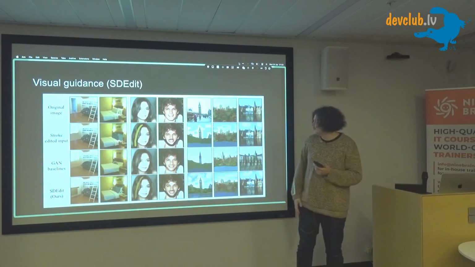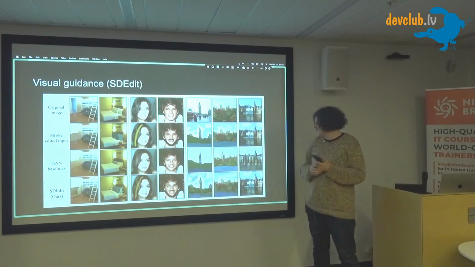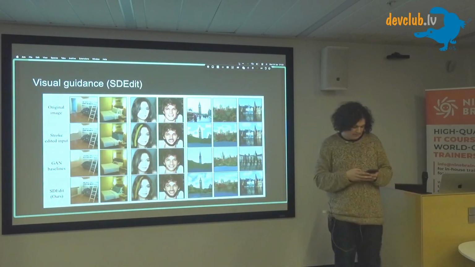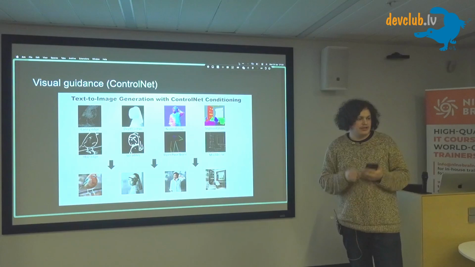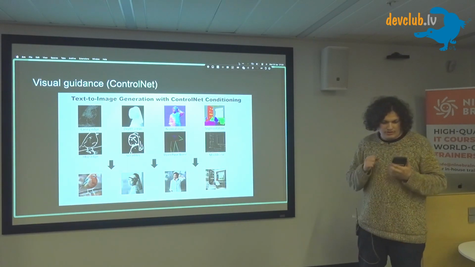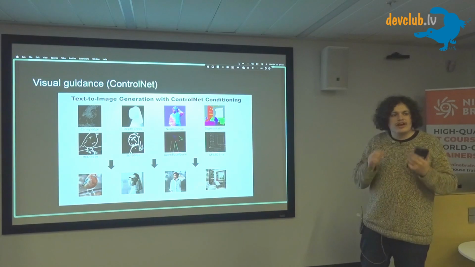Here we have an example of adding a bird to a boy or changing the London layout. So yeah, it's working. The second thing is ControlNet. What is ControlNet? ControlNet will help you to guide the structure of the model.